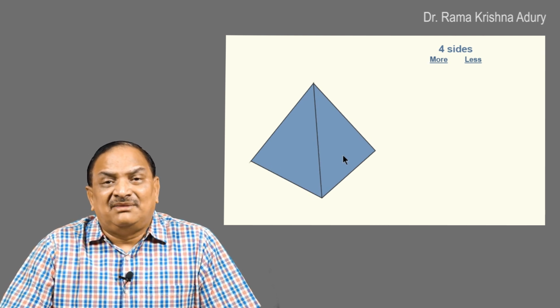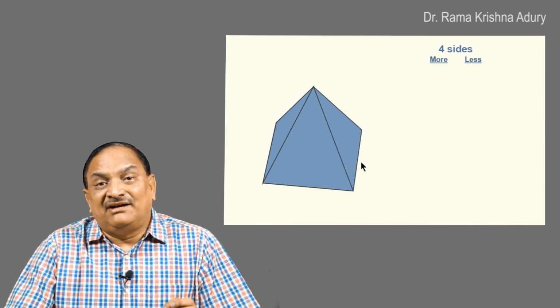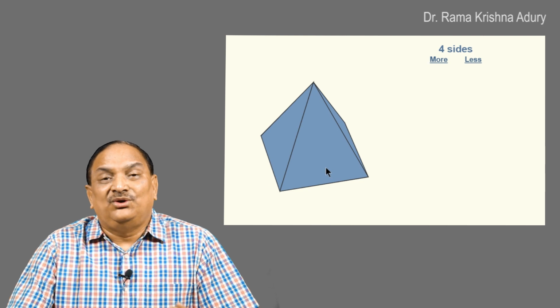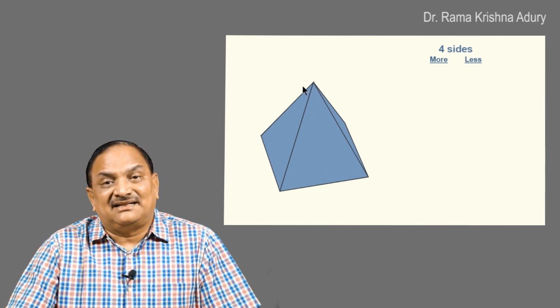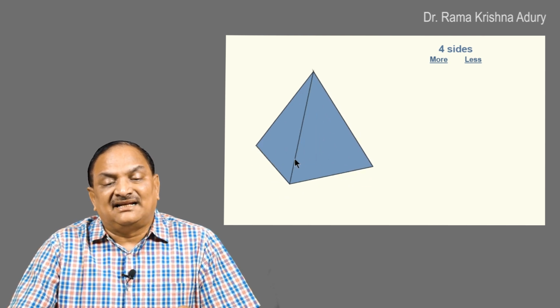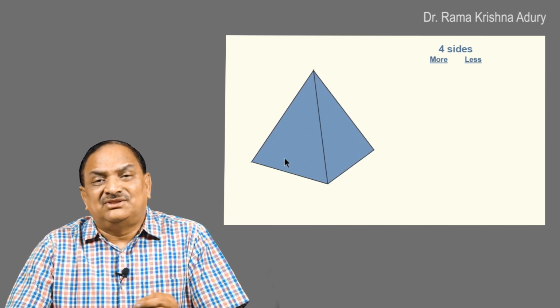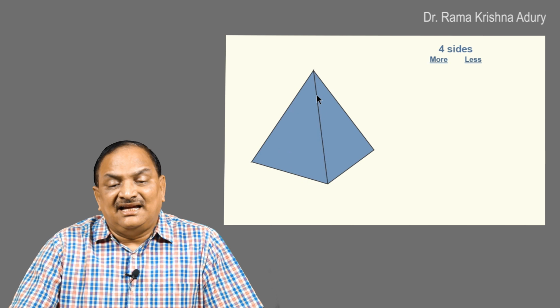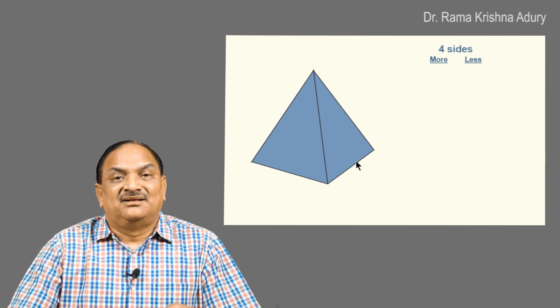If you want to determine the lateral surface area, you have to add up the area of 4 triangles. How do you find the area of a triangle? Half base times height. This is the base of the triangle, and there is another triangle here, and another, and another. The height of this triangle is actually the slant height of this pyramid.